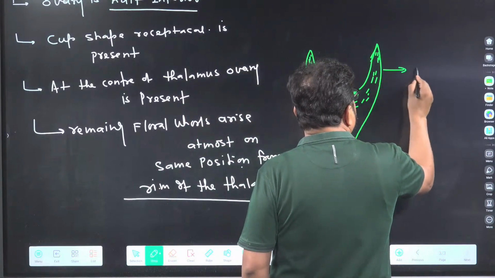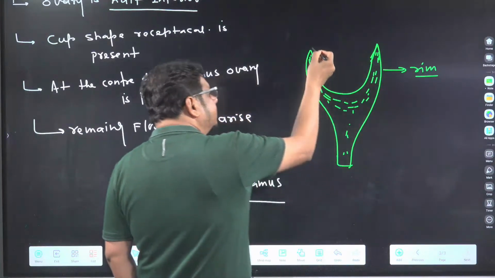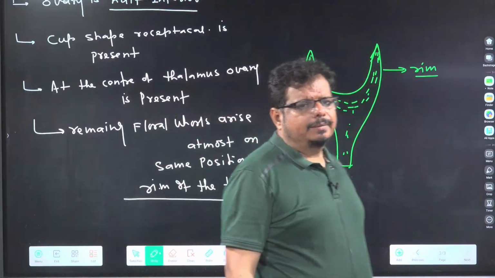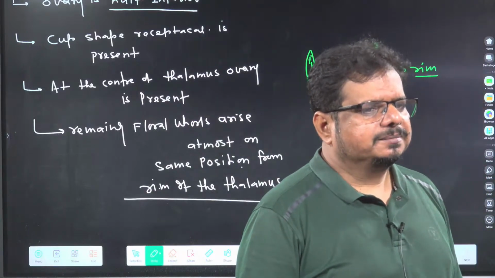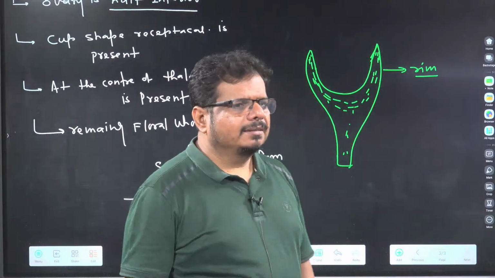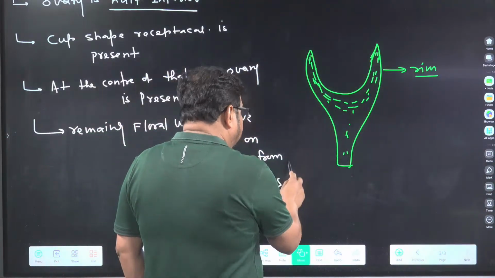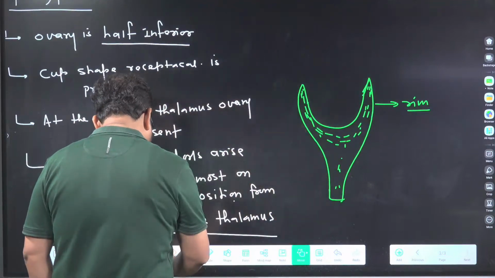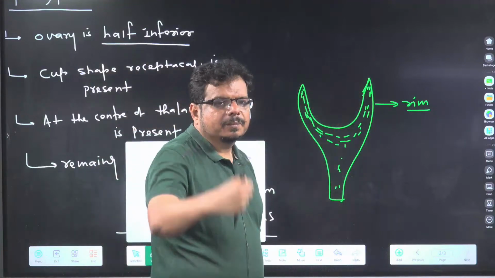So this part is called the rim. You see this thalamus is making a cup-shaped structure or not? Look at the second and third diagrams of the NCERT. Are you able to observe? Is it like a cup or not?